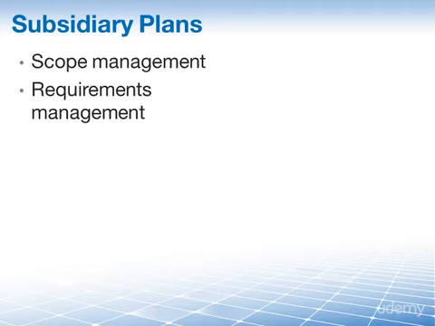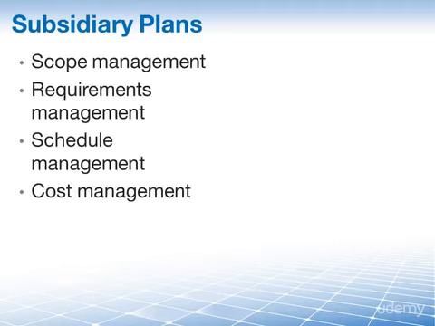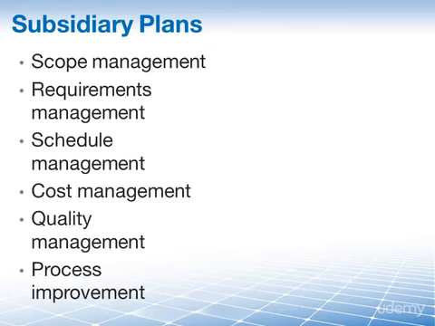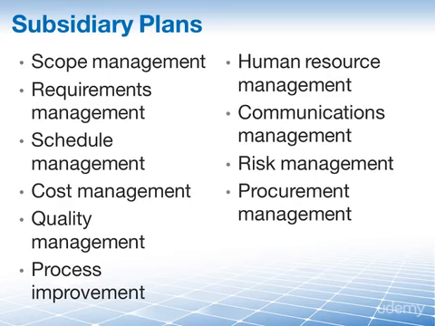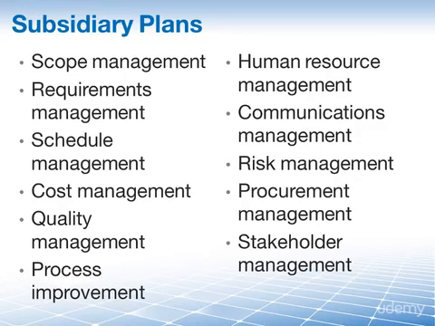They are the scope management plan, requirements management plan, schedule management plan, cost management plan, quality management plan, process improvement plan, the human resource management plan, communications management plan, risk management plan, procurement management plan, stakeholder management plan, all developed as part of other processes, of other knowledge areas, as we are planning quality, risk, communications, human resources, the scope, etc. The project management plan that we are going to create, even though we have so many inputs, may either be a summary level or detailed, based on each of these subsidiary plans.